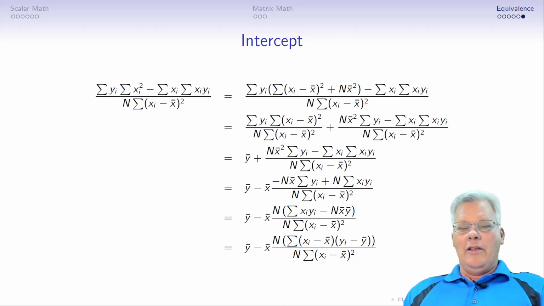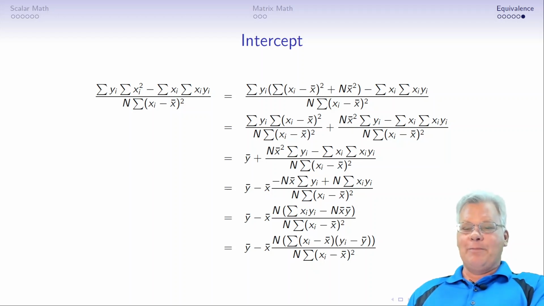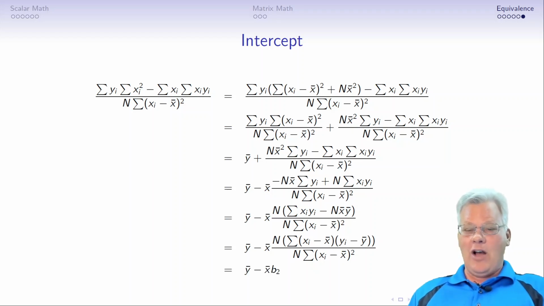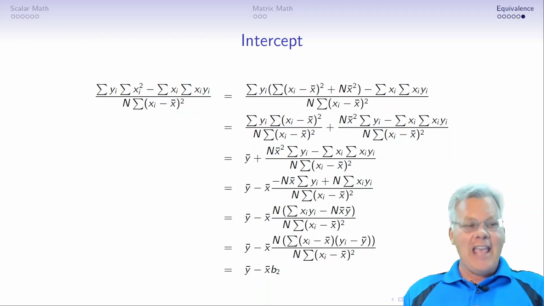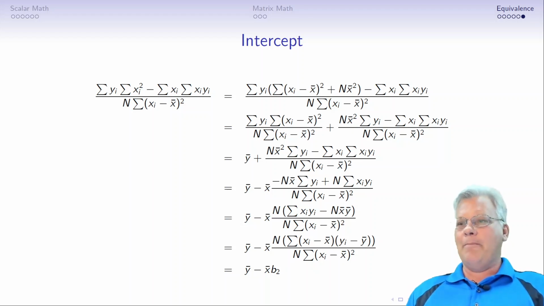Then, from the previous slide, we showed how that expression was now equivalent to the definition of the OLS slope, B2. The n's cancel out, and I'm left with y bar minus x bar B2, which is the scalar math definition of the OLS intercept B1.